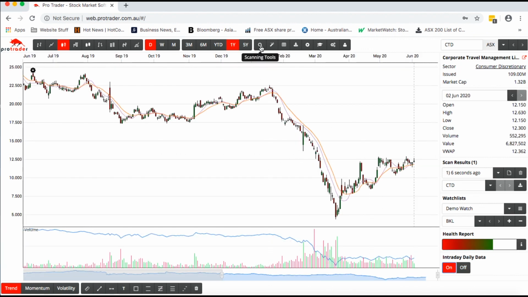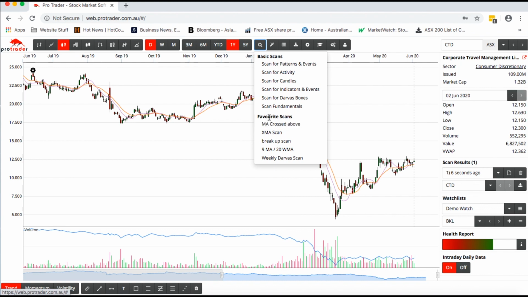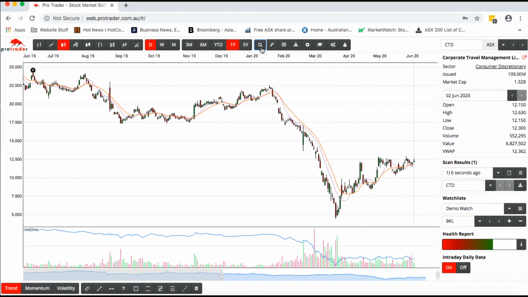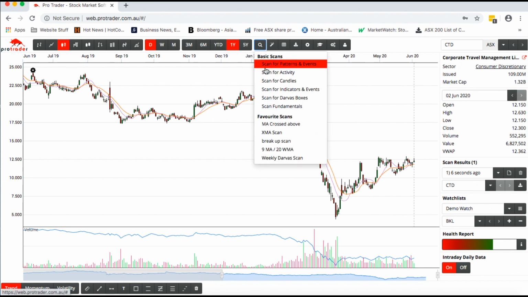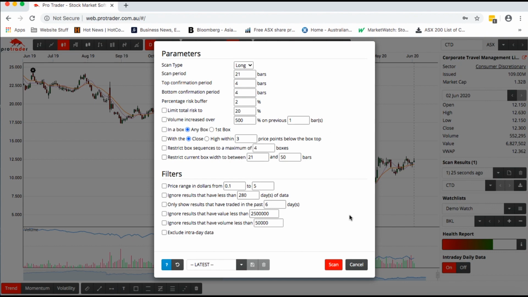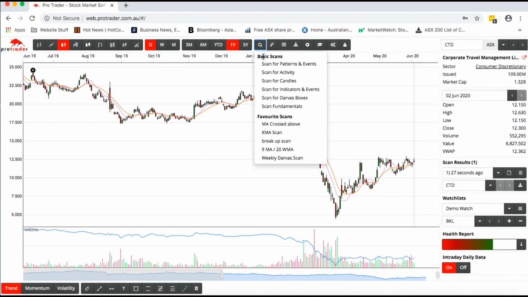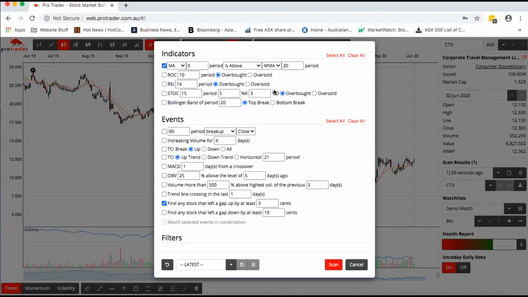Now, that's another thing you'll see here called favorite scans. What you can do here is create scans in the favorite section so that, rather than having to go in here and change all the boxes, you can just tick immediately. So here's an example. Actually, one second. Go on to indicators and events. So this is where I live. And what you'll see is I've got 3 scans that are saved.